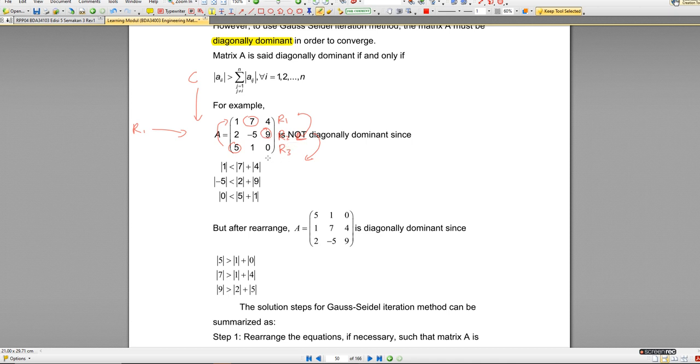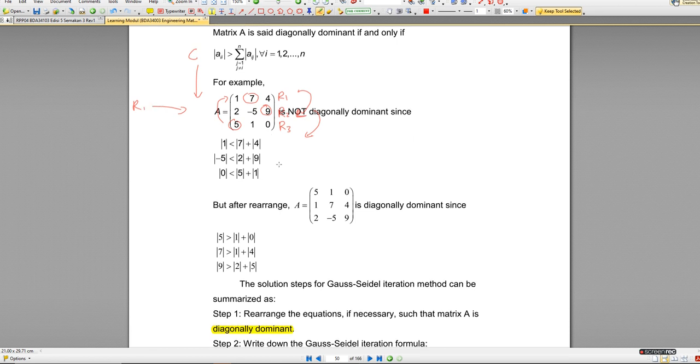Like that, we swap them around. And then you will get this, where 5 is higher than the others, 7 is higher than the others, meaning that 5 is higher than 1 plus 0, 7 is higher than 4 plus 1, and 9 is higher than 2 plus 5.